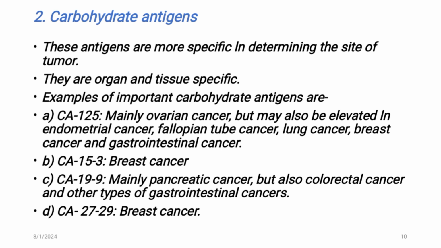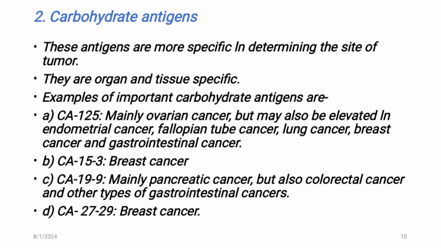These are the carbohydrate antigens. They are organ and tissue specific. It means if it is present and detected, it shows the presence of the tumor in the specific organ and in specific tissue. Examples of important carbohydrate antigens are CA125, CA15-3, CA19-9, and CA27-29.